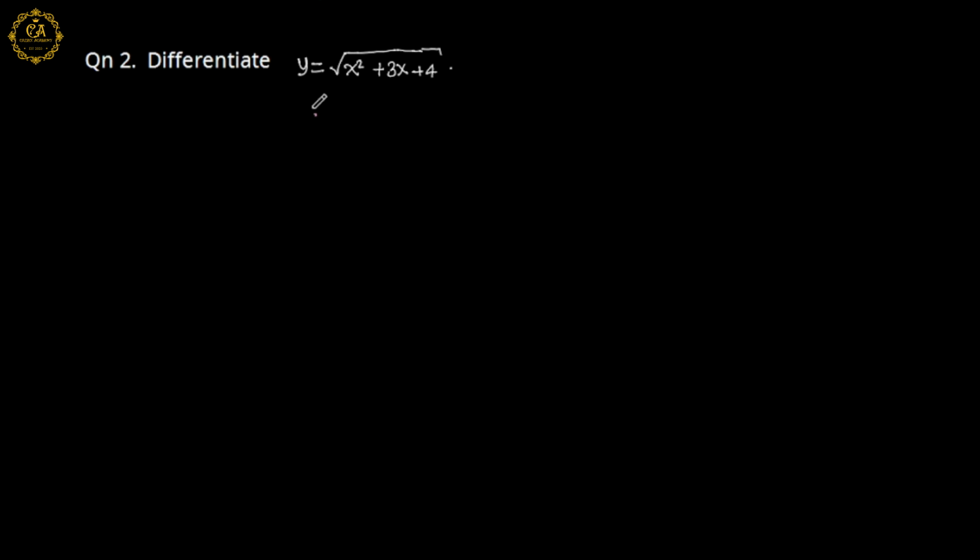So in this question we have y equals this polynomial under root. So we can rewrite it as y equals the root of x squared plus 3x plus 4, and then we can let u be x squared plus 3x plus 4.